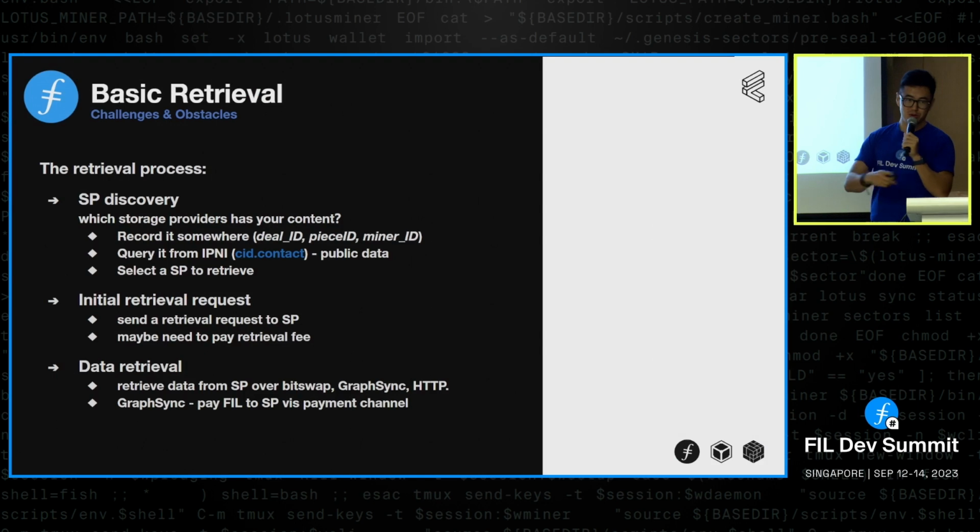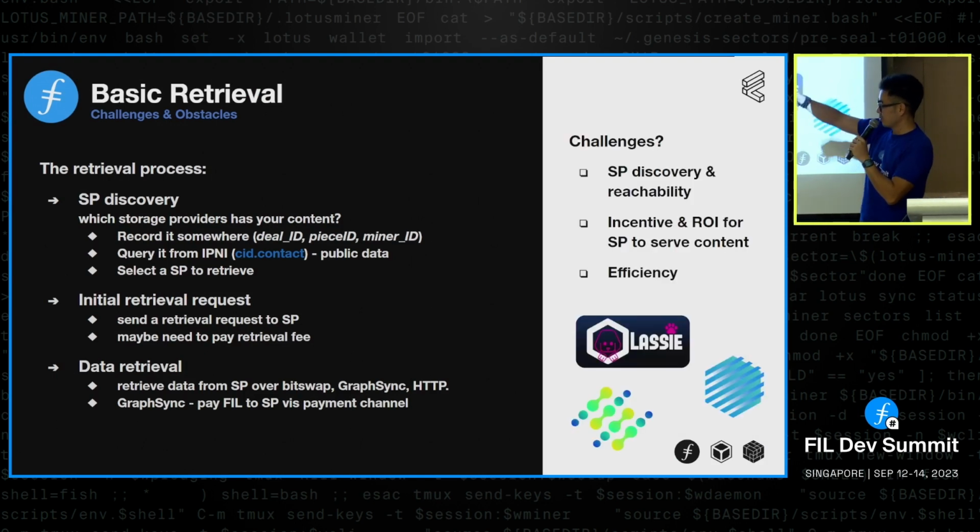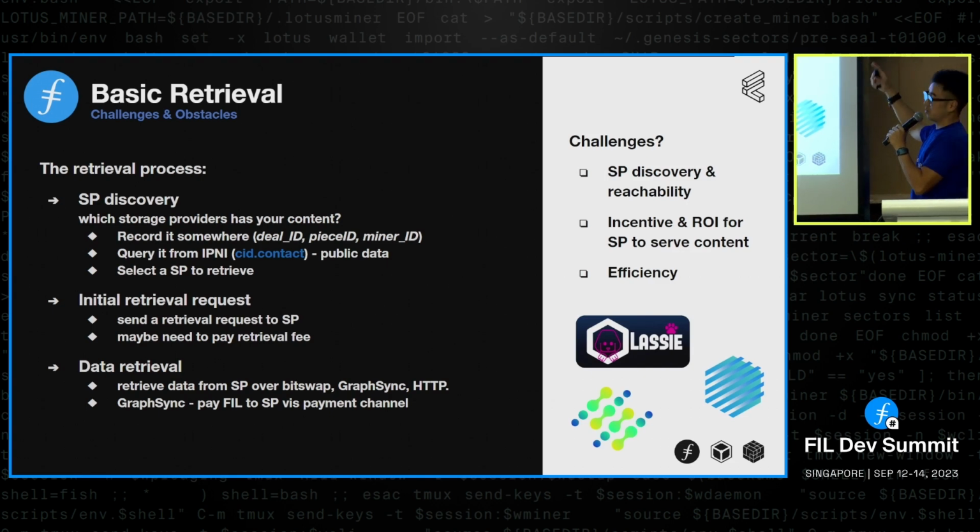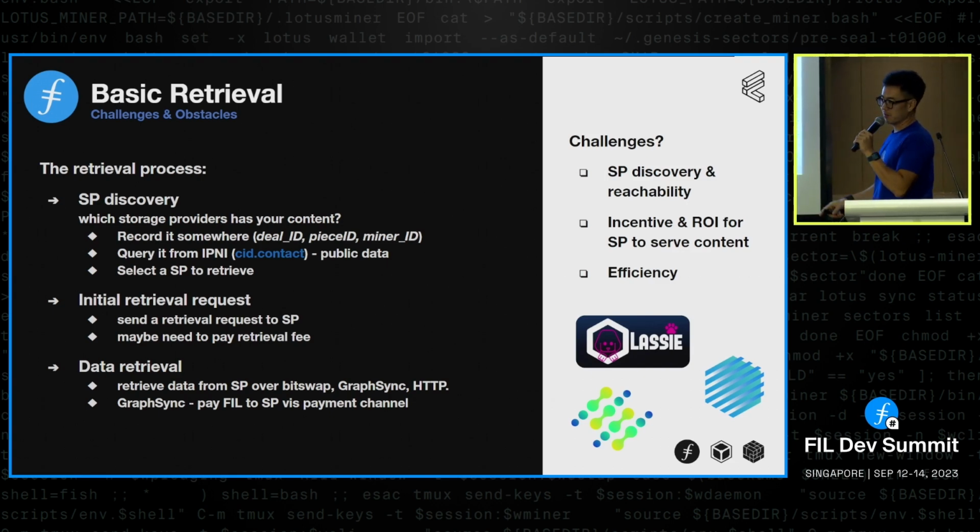And then also retrieval. I'll skip the process, but currently we know that retrieval has things that we want to fix: how to discover SPs, and how to make sure they're more reliable and reachable. Also, how can we incentivize the retrieval provider to be willing to provide retrievability over the network, and also efficiency?